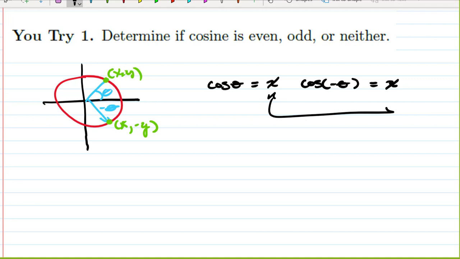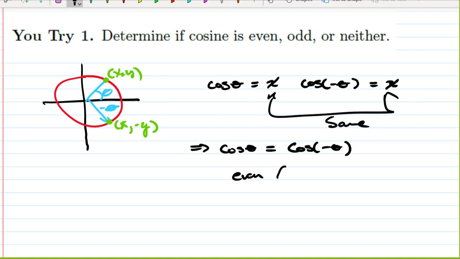And if these two things are the same, that would give us that the cosine of theta is the same as the cosine of negative theta. So that would be, by definition, an even function. So it turns out that sine is odd and cosine is even.